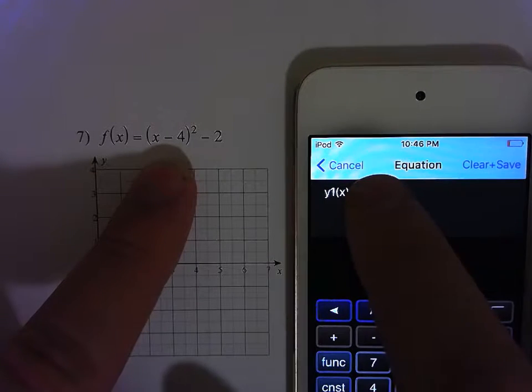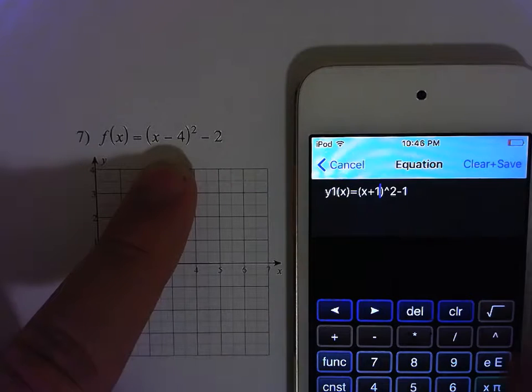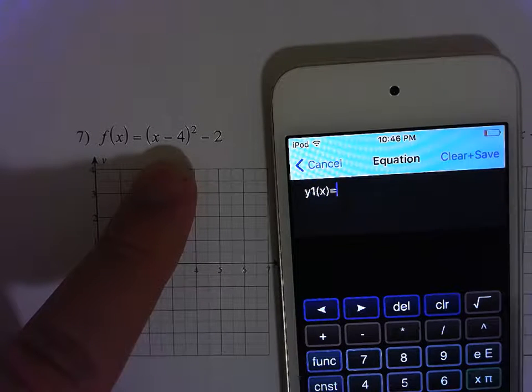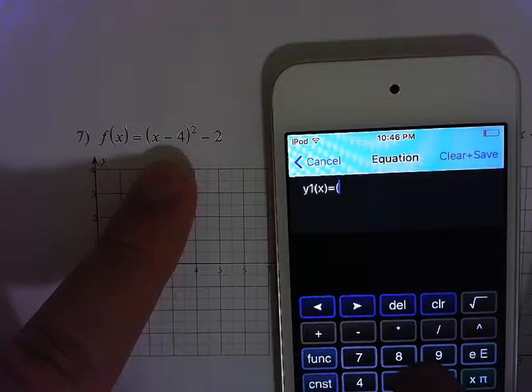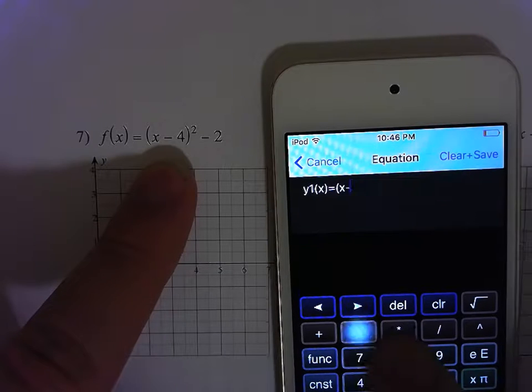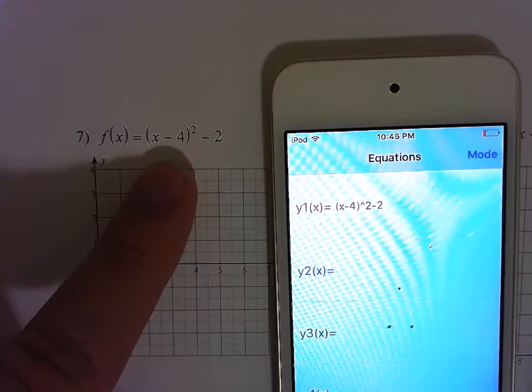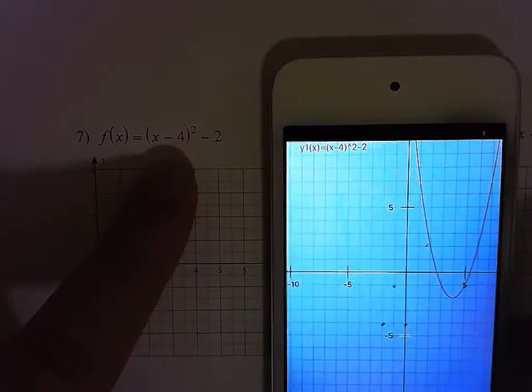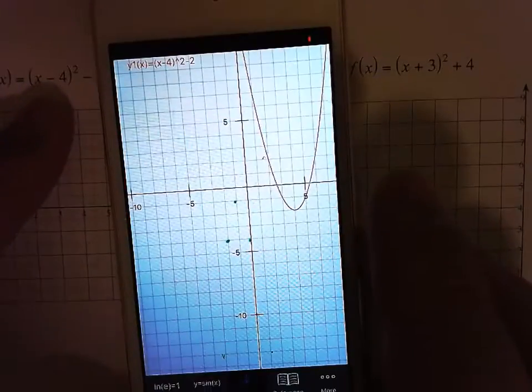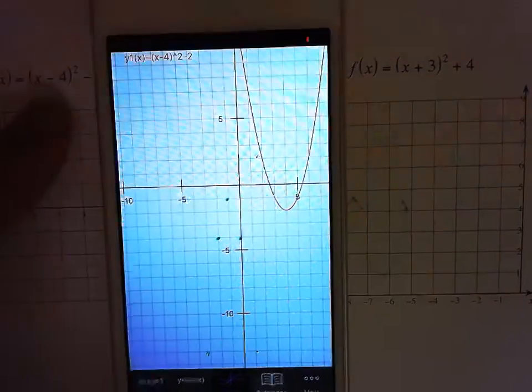We'll just start from scratch here. x minus 4 squared minus 2. Save that, graph that, and that's what it looks like.